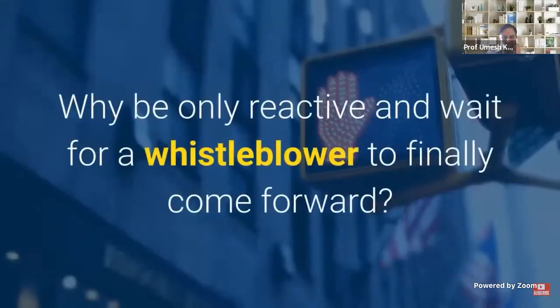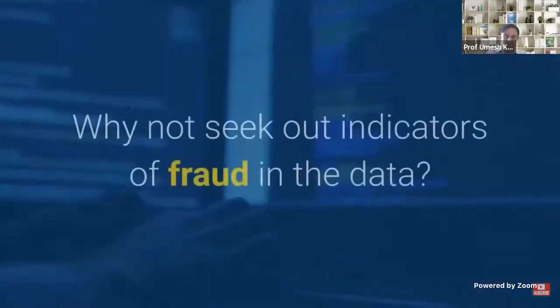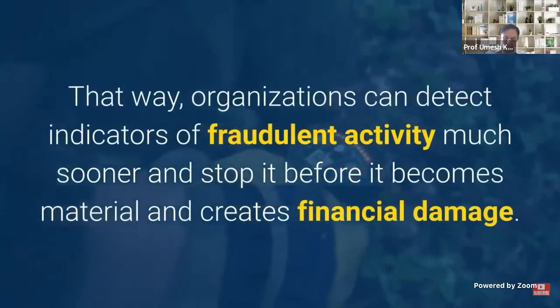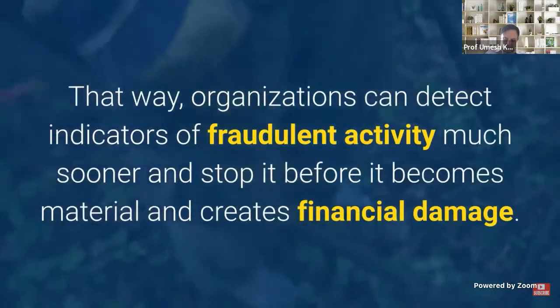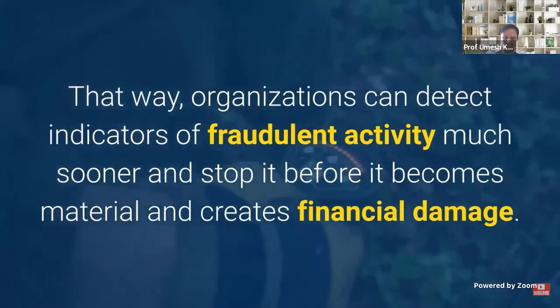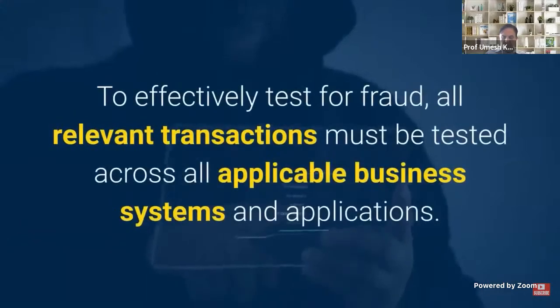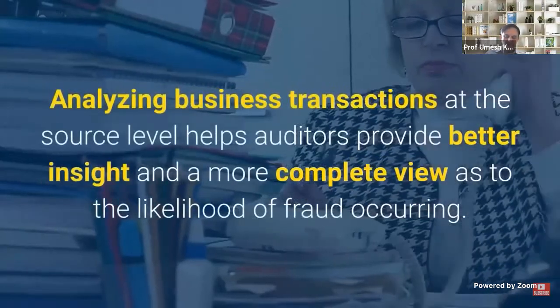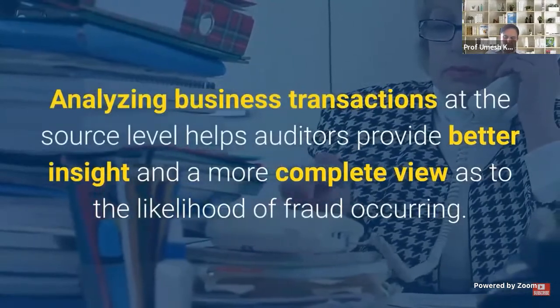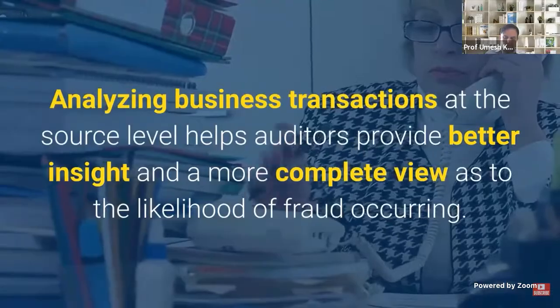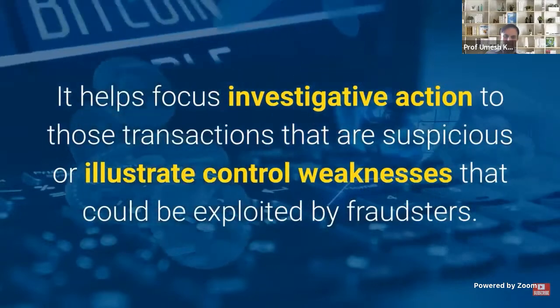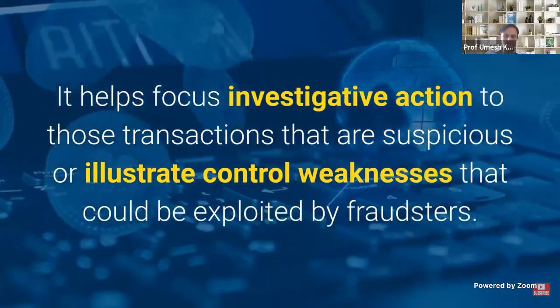Why be only reactive and wait for a whistleblower to finally come forward? Why not seek out indicators of fraud in the data? That way, organizations can detect indicators of fraudulent activity much sooner and stop it before it becomes material and creates financial damage. To effectively test for fraud, all relevant transactions must be tested across all applicable business systems and applications. Analyzing business transactions at the source level helps auditors provide better insight and a more complete view as to the likelihood of fraud occurring. It helps focus investigative action to those transactions that are suspicious or illustrate control weaknesses that could be exploited by fraudsters.